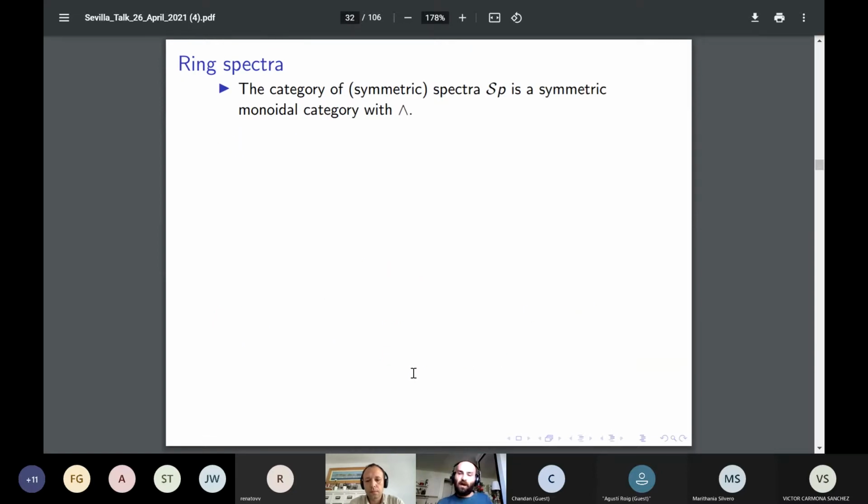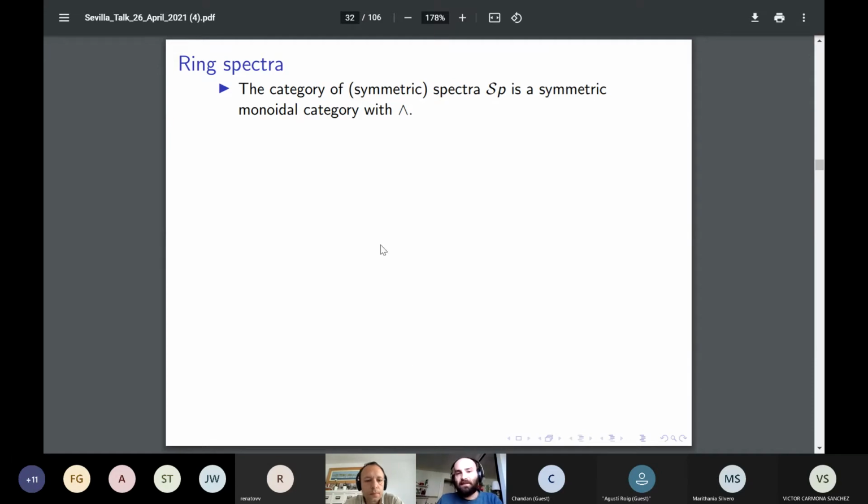Okay, so I was saying that spectra are in certain ways closer to algebra, in the sense that one of the reasons for that is that we can define all these classical notions in algebra, and we can define them in spectra too.